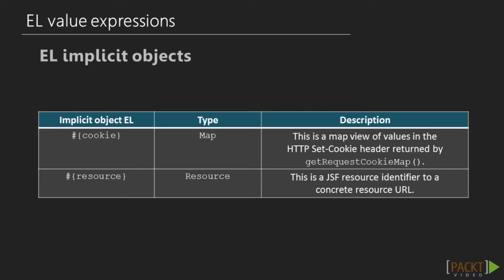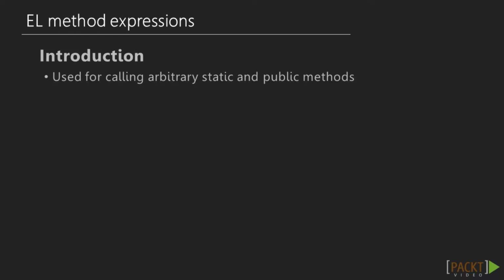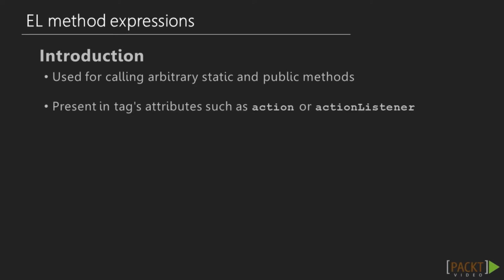Now let's talk about method expressions. With EL expressions, we can call arbitrary static and public methods that live on the server side in managed beans. Such expressions are usually present in tag attributes, that is, inside an action or actionListener attribute.